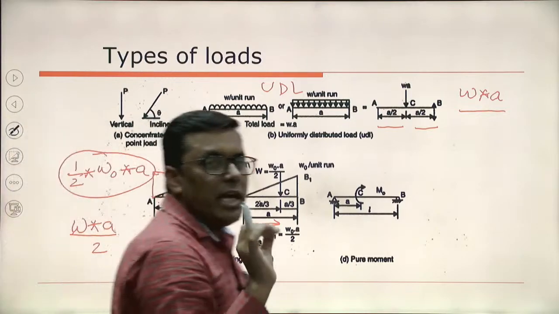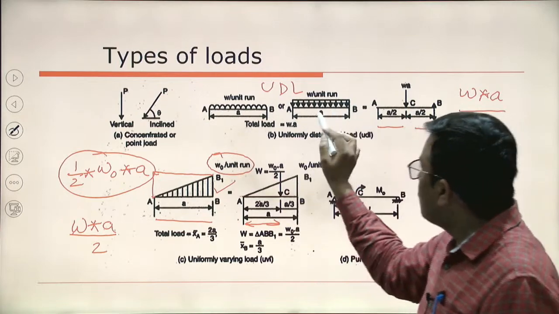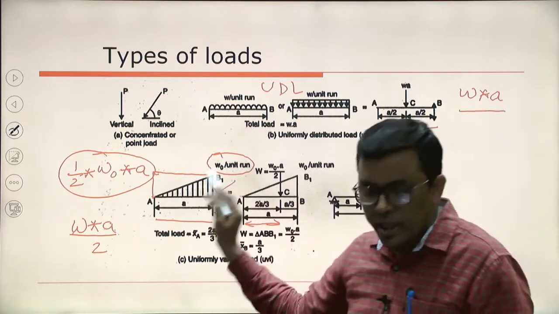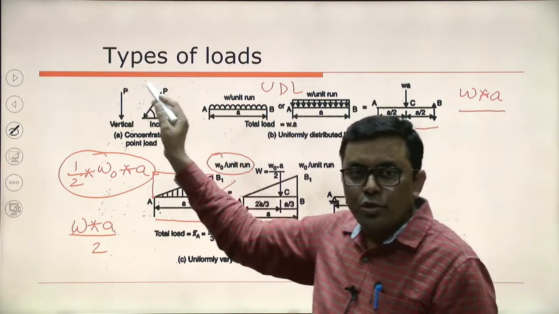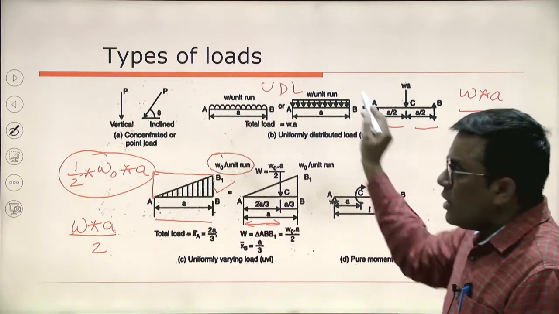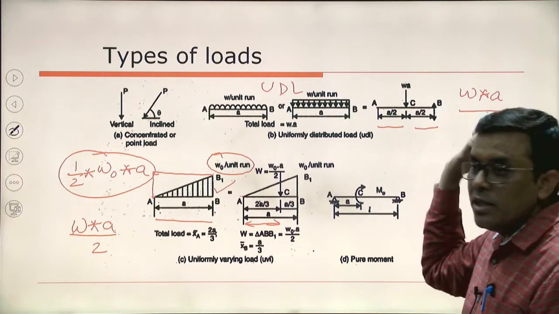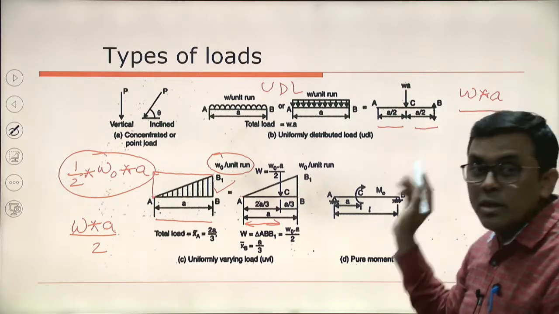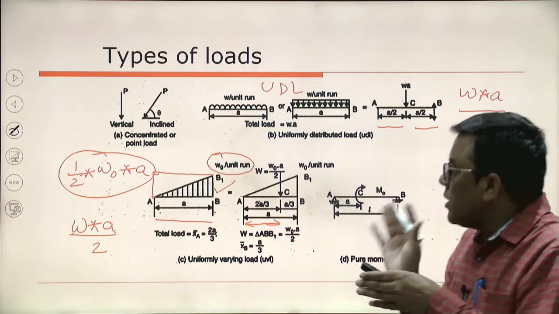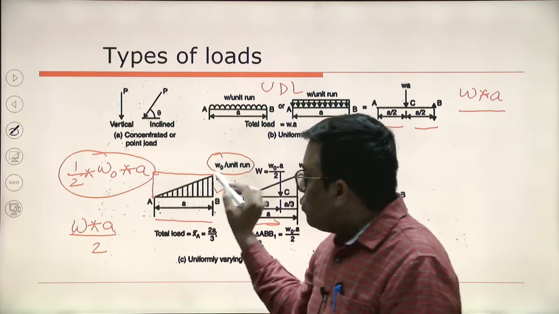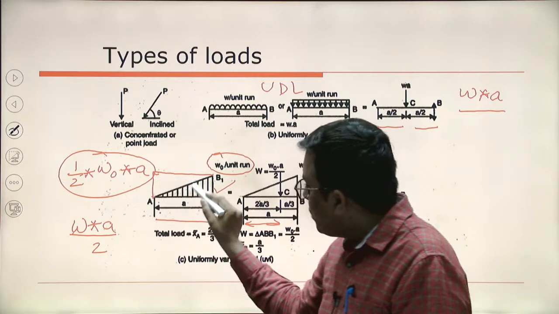So normally we are dealing with three types of loads: point load, uniformly distributed load, and uniformly varying load. UDL, point load, and UVL. Point load, no problem at all. UDL, W into A, effective at the center of the length over which it is spread, meaning at the center point of that length. UVL, for finding out the single point load, it is half into W into A. How is it coming?